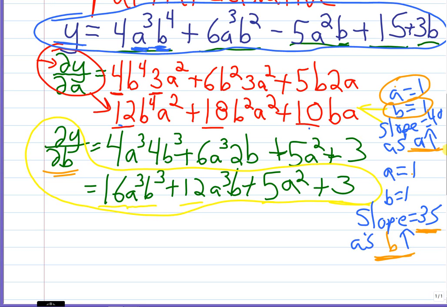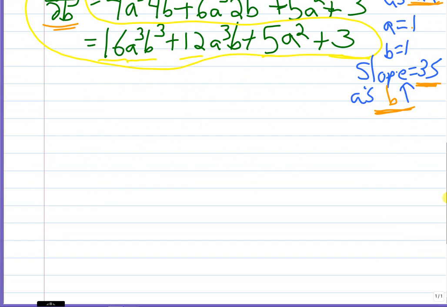Now let me do one more problem here, because many times in economics, especially microeconomics, you'll have functions that look like this: y equals a to the 0.4, b to the 0.7, say.